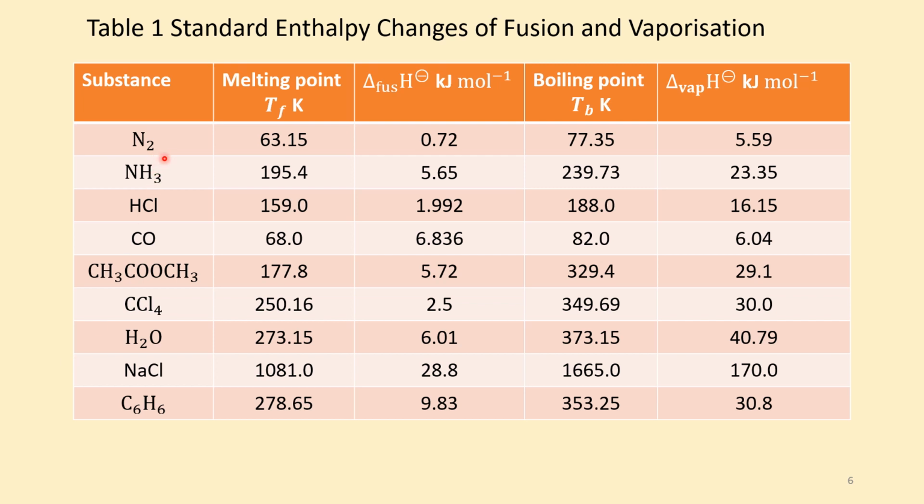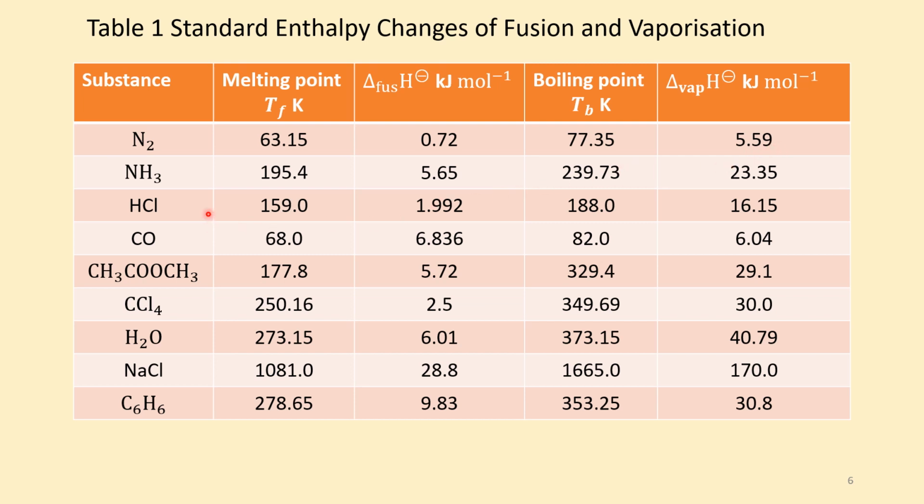The melting point of nitrogen is 63.15 Kelvin and its standard fusion enthalpy change is 0.72 kilojoules per mole, and the boiling point of nitrogen is 77.35 Kelvin and its standard enthalpy change of vaporization is 5.59.